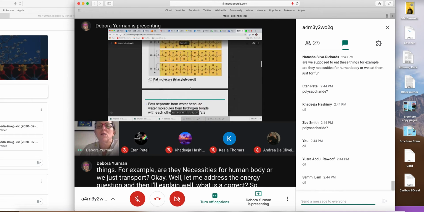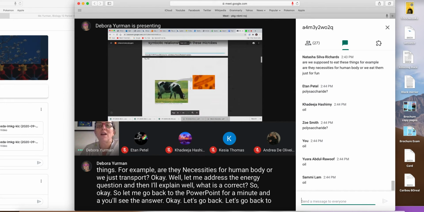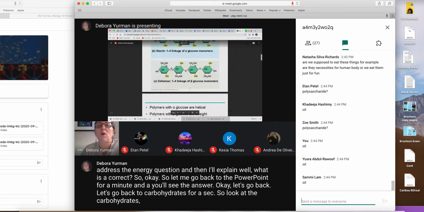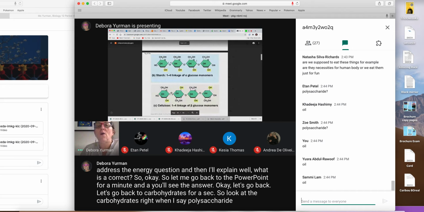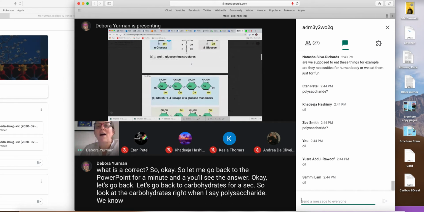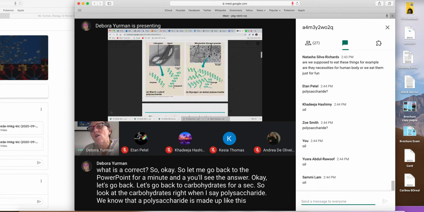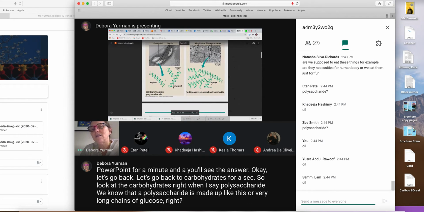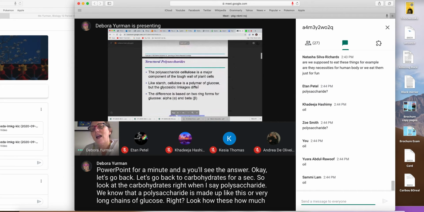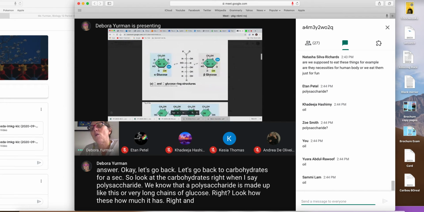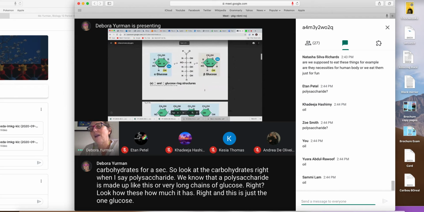Okay, let's go back to carbohydrates for a sec. When I say polysaccharide, we know that a polysaccharide is made up of very long chains of glucose. Look at how much it has. And this is just one glucose.